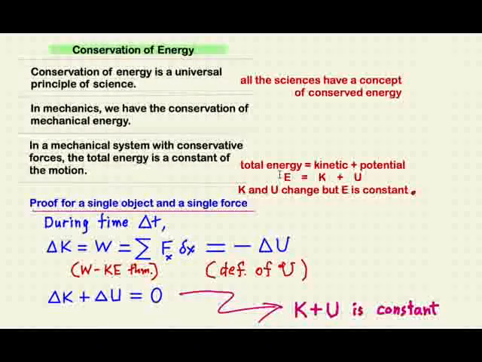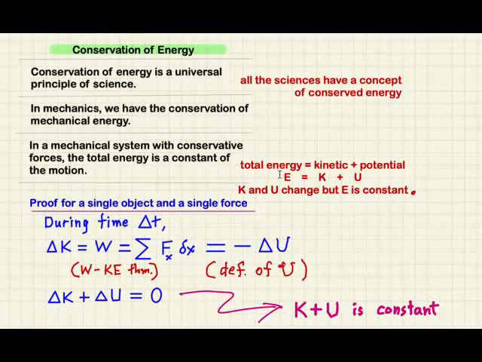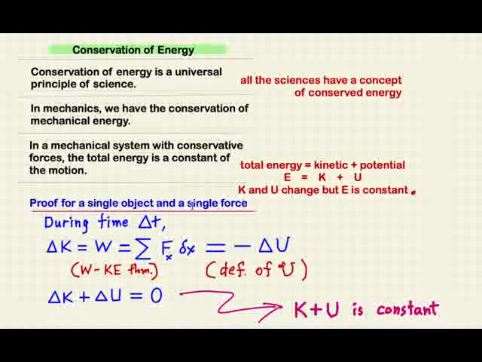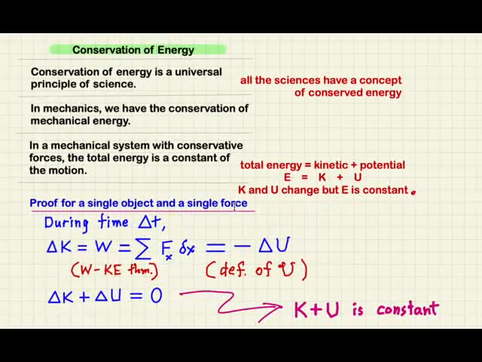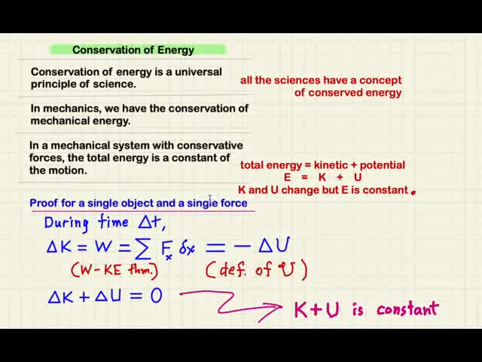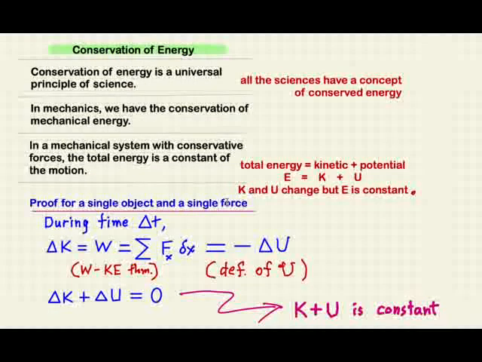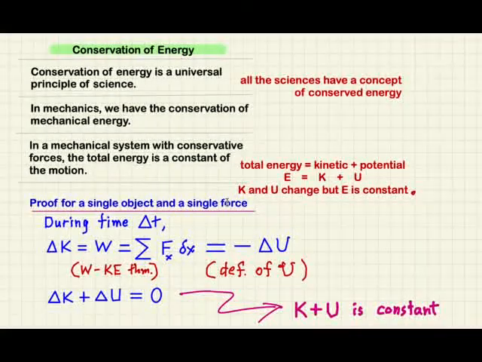It follows from the mathematics of Newtonian mechanics. So here's the proof. I'll give the simplest proof for a single object, say a mass m, moving under the influence of a single force, a conservative force, some force F, with its corresponding potential energy U.